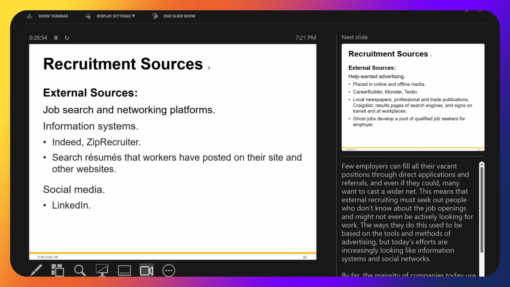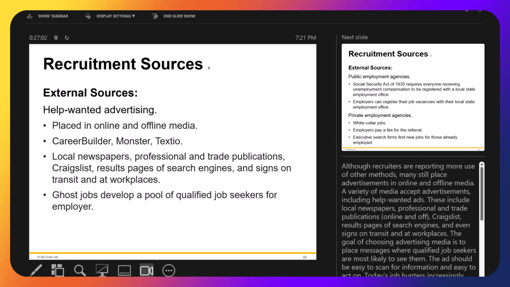You see the external sources here too, which we are all very familiar with. These external sources include help wanted advertising placed in online and offline media, and some of these other places we've all seen.